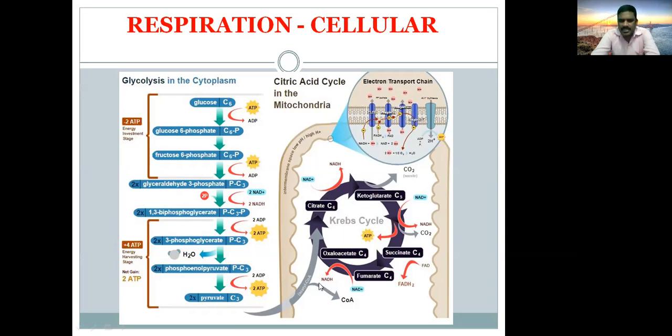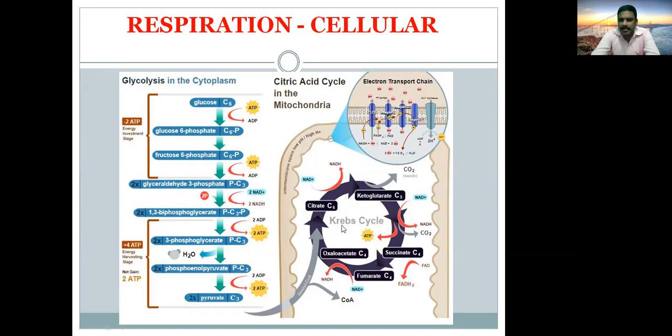In this process, what happens? Pyruvic acids have 3 carbons. These 3 carbons in the pyruvic acids will be broken down, and 6 carbon dioxides will be liberated.